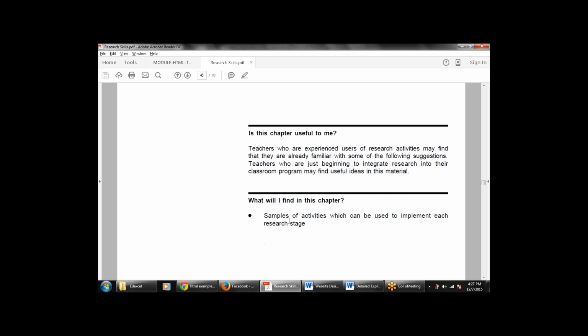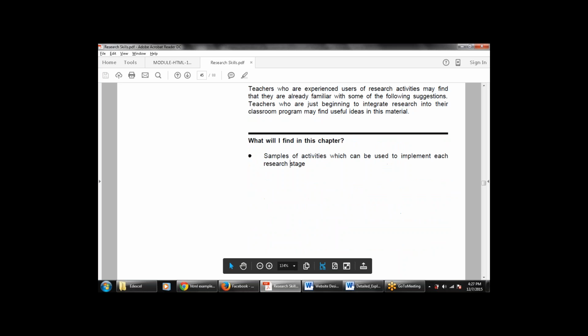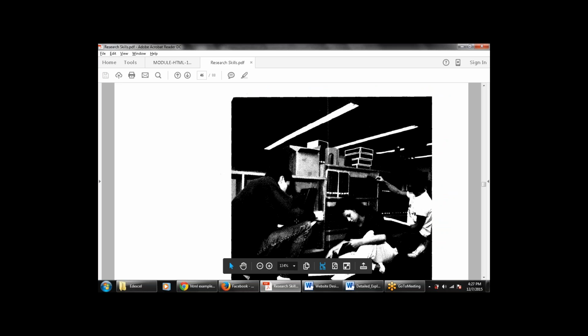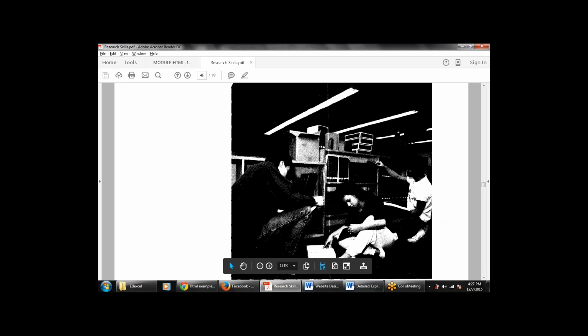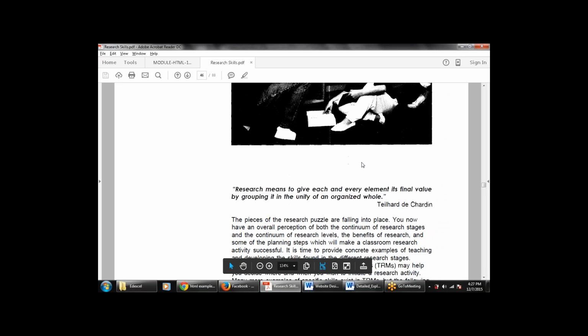What will I find in this chapter? Some sample activities that can be used to implement each research stage. This is one of the activities taken at the research stage. Research means to give each and every element its final value by grouping it in the unity of an organized whole.